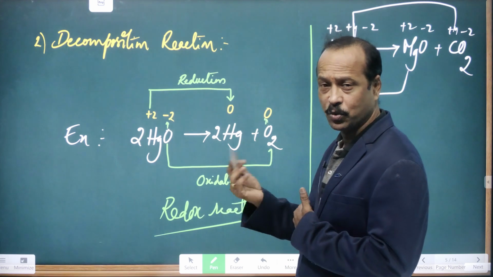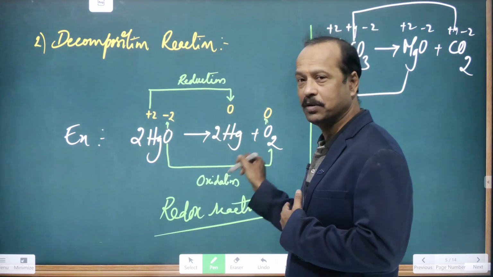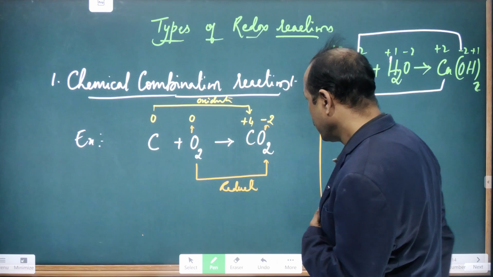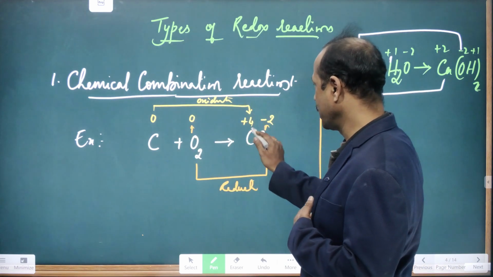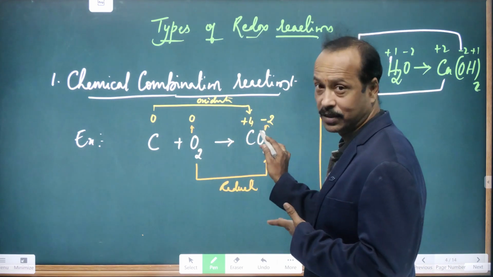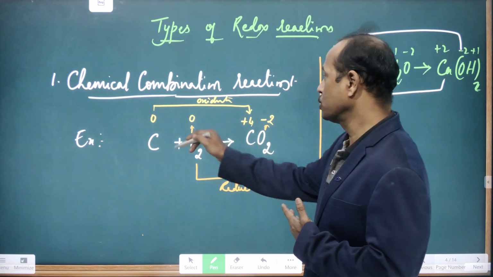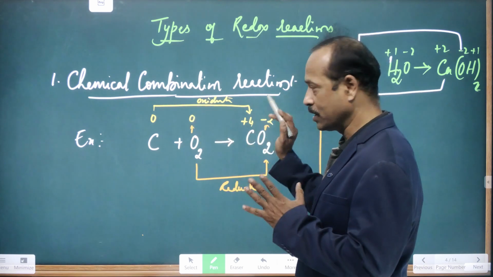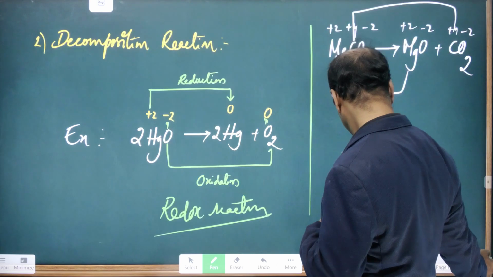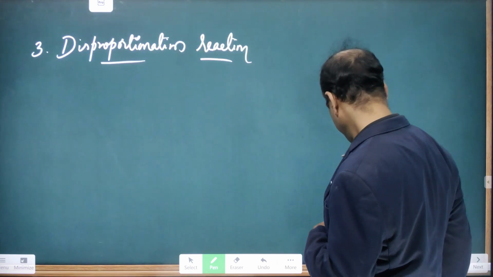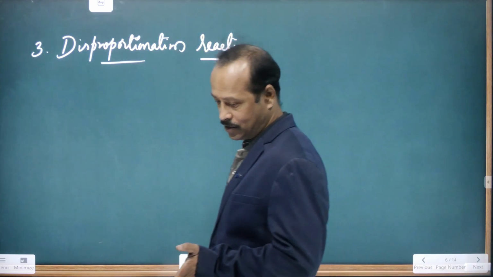Two different elements are going. One element is going through reduction, one element is undergoing oxidation. Here you see carbon is undergoing oxidation, oxygen is undergoing reduction. So two different elements are going into oxidation and reduction.